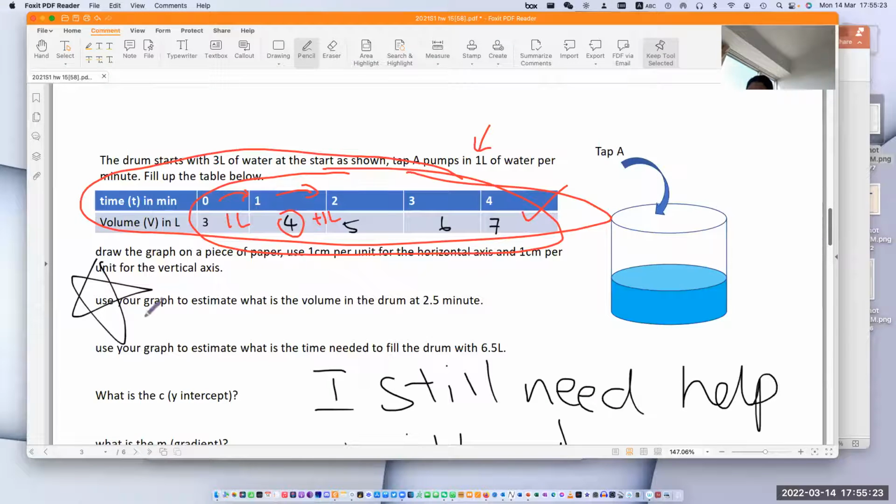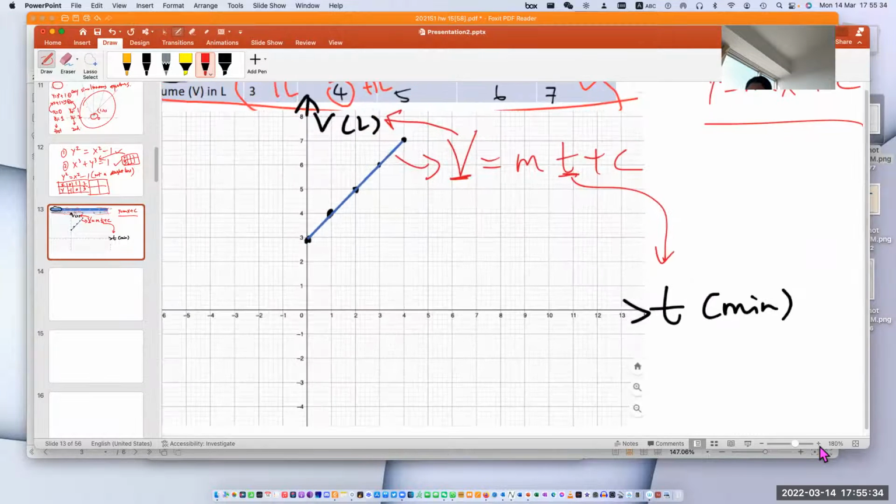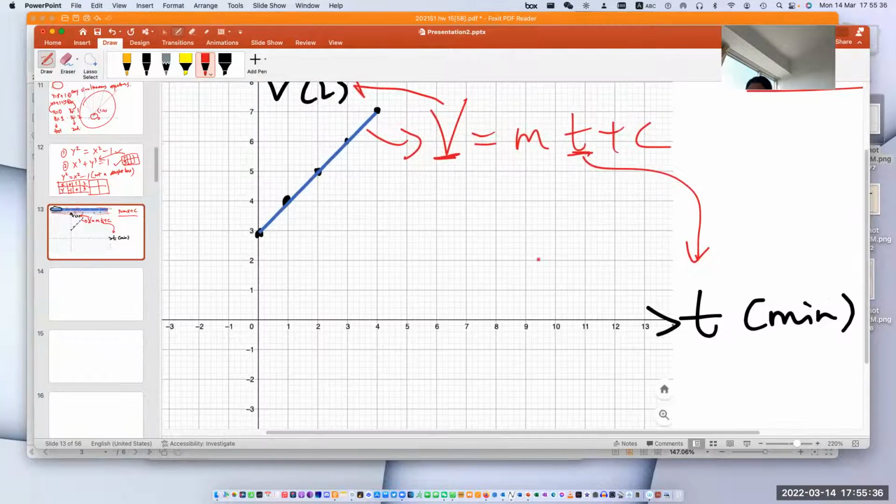They say use your graph to estimate what's the volume in the jump at 2.5 minutes. Very easy. 2.5 minutes. Where's your 2.5 minutes? Zoom in. Estimate. So 2.5 minutes is here, right? This is 1.5. I'm sorry. So this is 1.5 minutes.